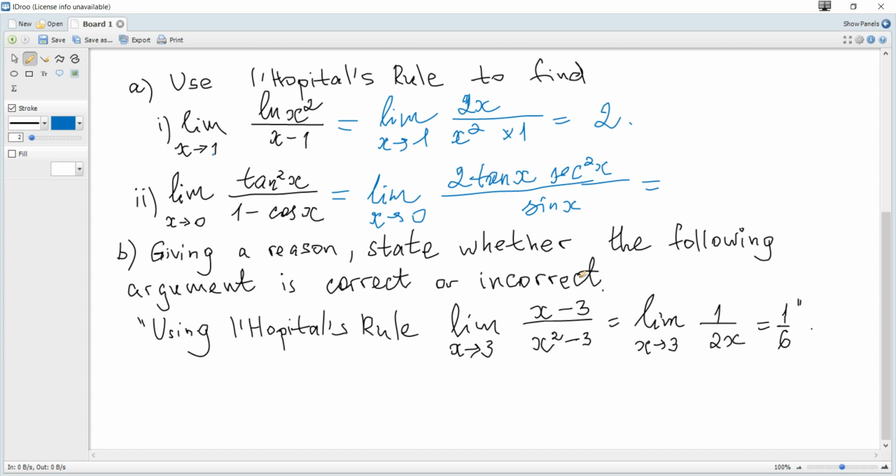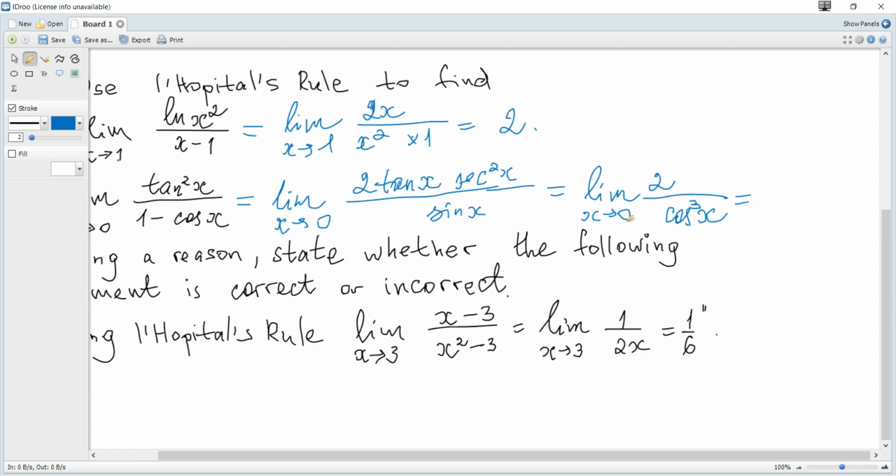We can apply L'Hopital's rule again, but also, every time, we can do some simplifications. Let's try to simplify it, because tangent is sine over cosine, and sine cancels, and it becomes 2 cosine in the denominator, and secant squared is 1 over cosine squared, so finally it becomes 2 over cosine cubed.